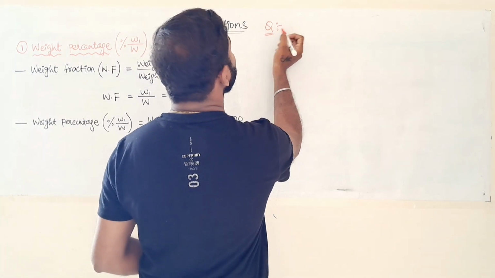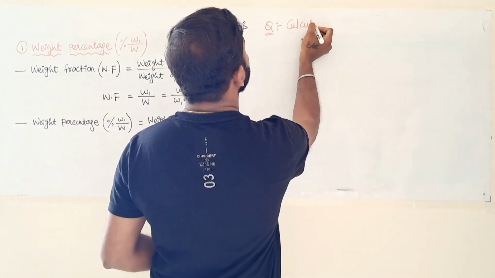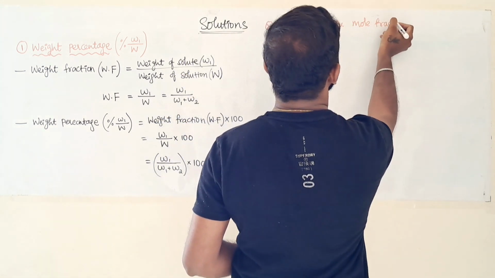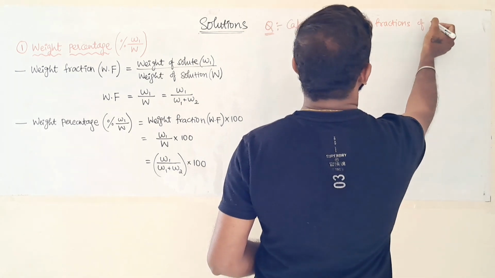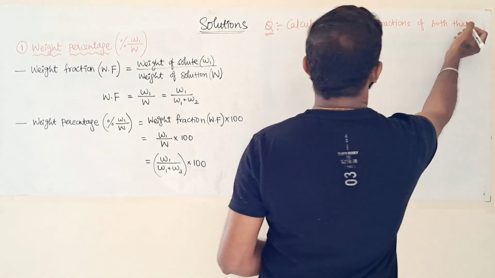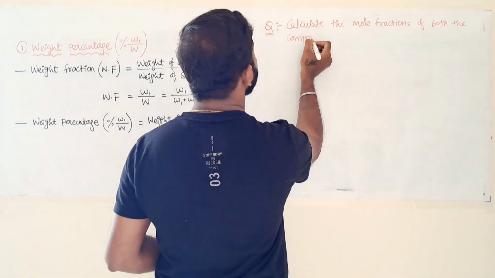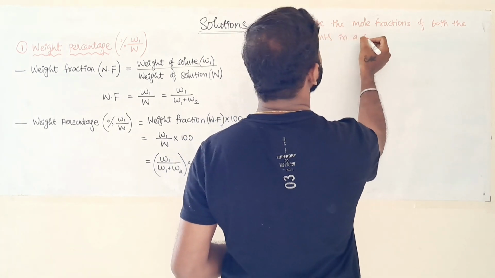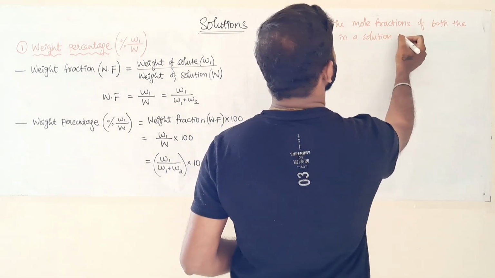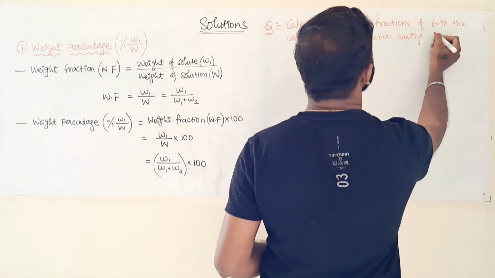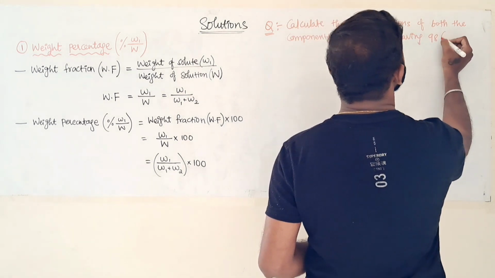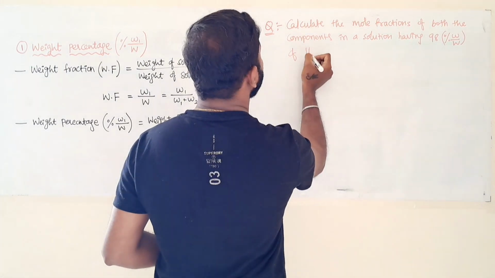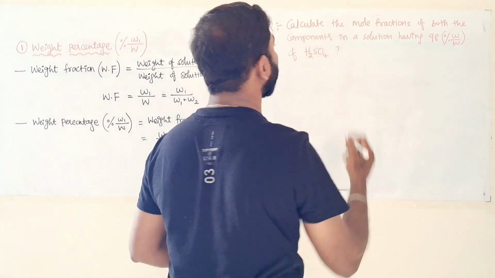The given condition is: calculate the mole fractions of both the components in a solution having 98 weight percentage of H2SO4. This is the question.